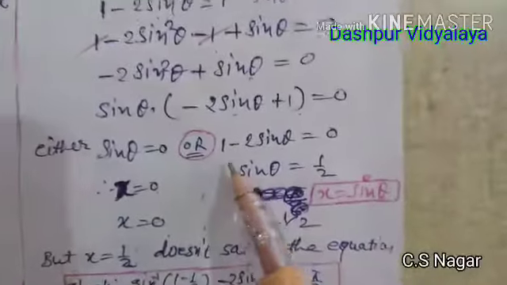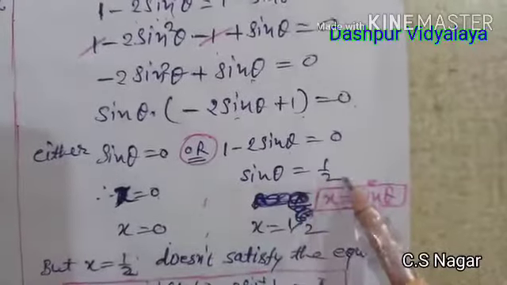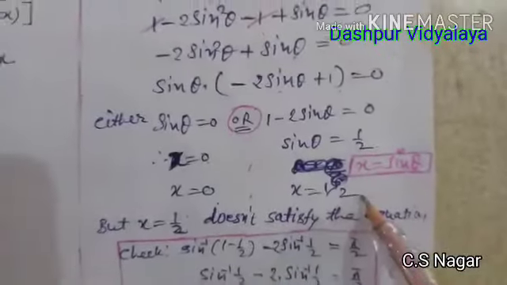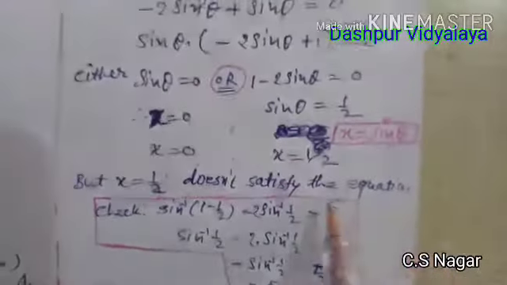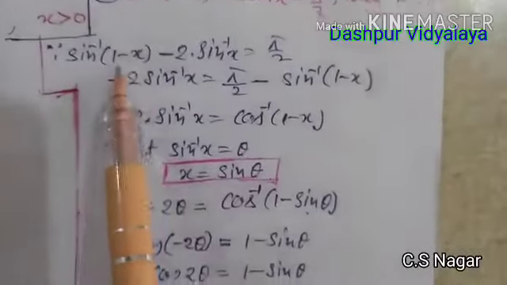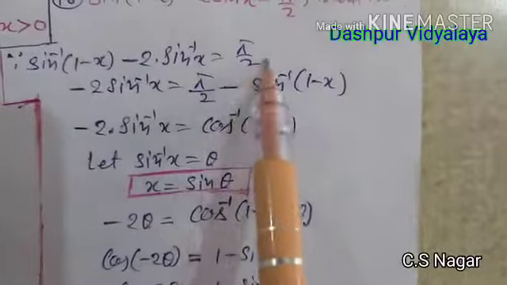Now second, 1 minus 2 sin theta equals 0, then sin theta is equal to 1 by 2, but sin theta is equal to x, so x is 1 by 2. But 1 by 2 does not satisfy this equation. Let's see here. This is our equation: sin inverse 1 minus x minus 2 times sin inverse x is pi by 2. Pi by 2 means 90.